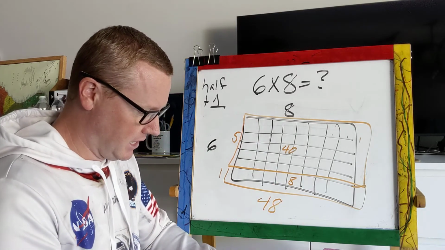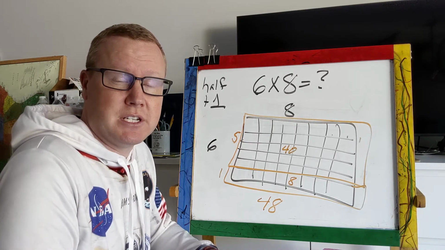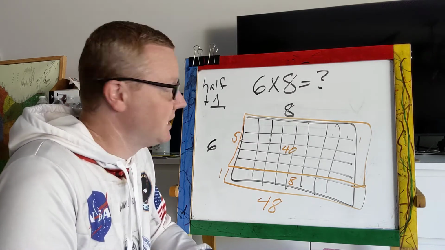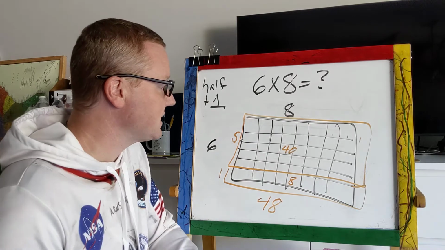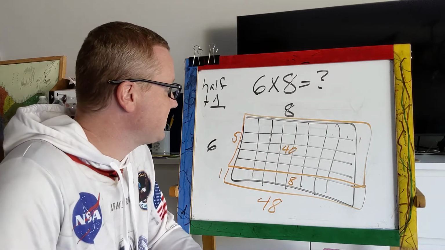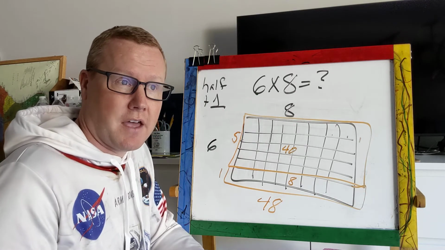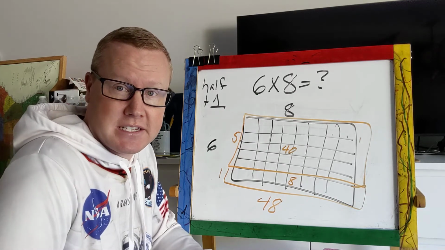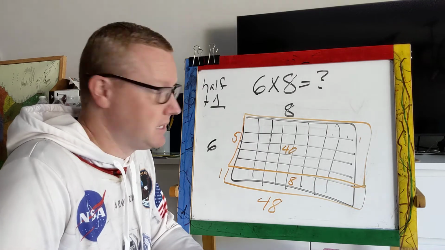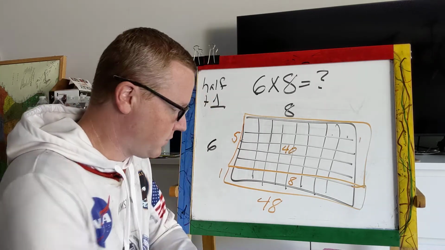That's a really more efficient way to do sixes if you don't have it memorized. I can do the same thing for 6 times 6. Ooh, I don't know 6 times 6, but I know 5 times 6 is 30. And then I just add one more 6, and that's 36. So that's called half plus 1.